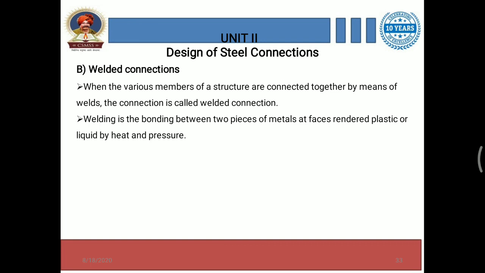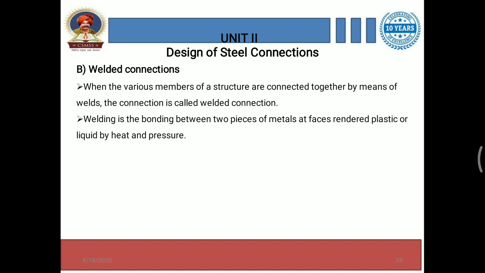Let's discuss welded connections. We have already completed the first type of steel connections, that is bolted connections. So the second type of steel connections is welded connections. What is meant by welded connections?